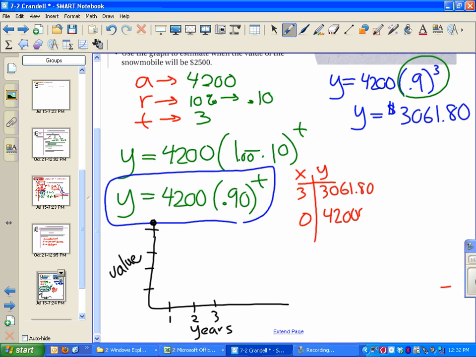And then at about 3 years, if that's 1,000, this is about 3,000. So in 3 years, it's a little over 3,000. And so we're just going to graph it like this, and then we're going to estimate. If we wanted a more accurate graph, we'd have to graph more points, but that should work.